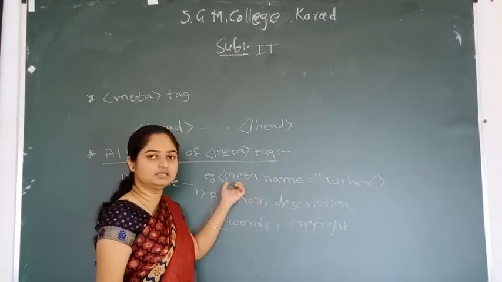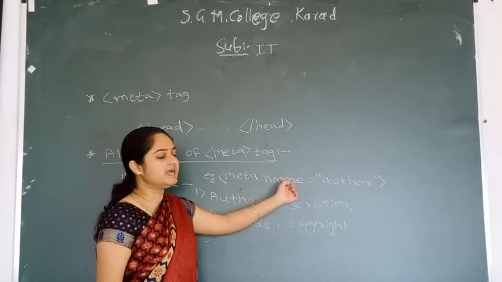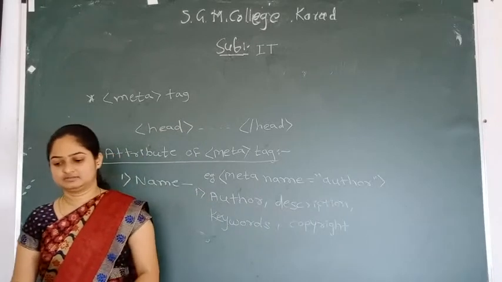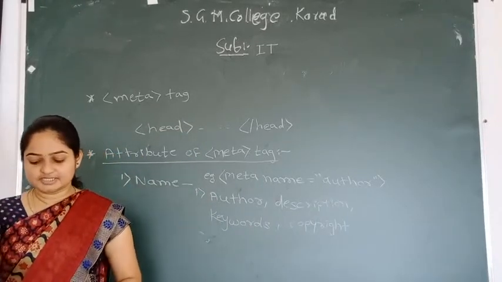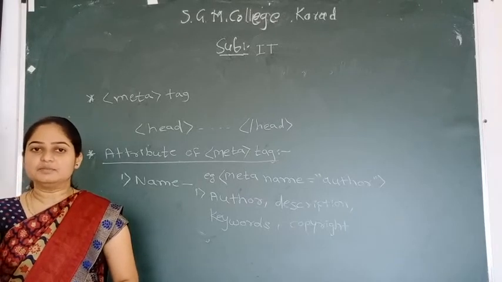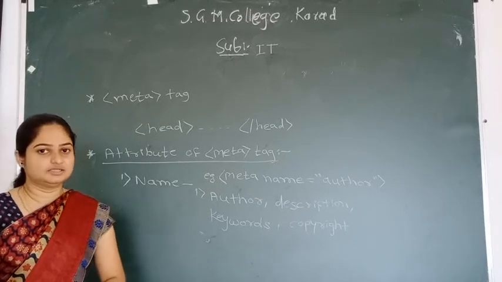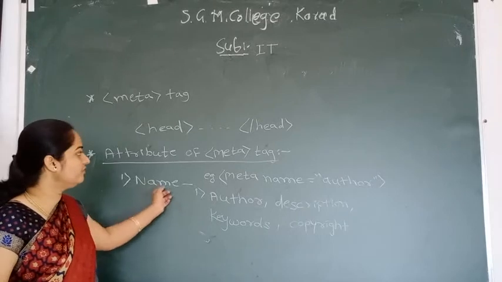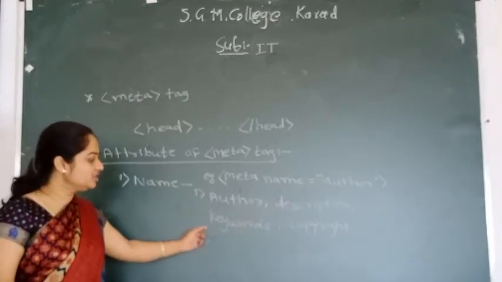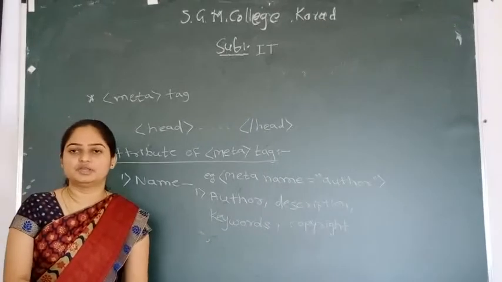Meta is a tag in HTML. Name is an attribute of a meta tag. It specifies the name of the metadata like author, description, keywords and copyright.